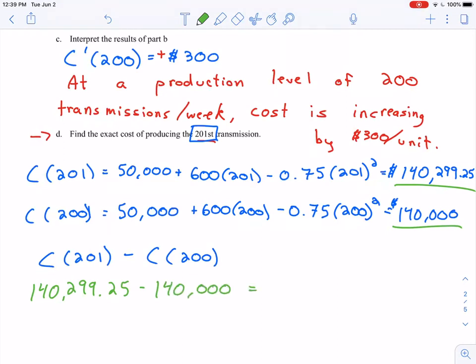And here I end up with $299.25. So this is the exact cost of producing just that 201st unit, just that 201st transmission.